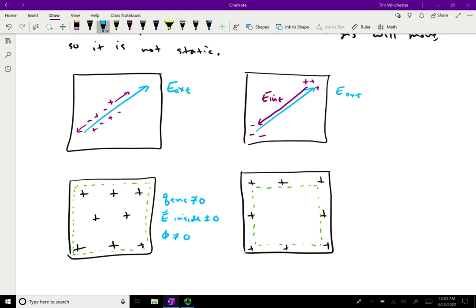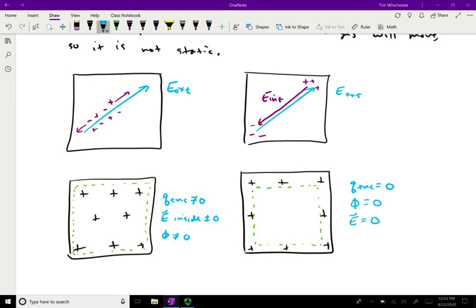Okay, what about in the other case? Well, here we have Q enclosed equals zero, because all of the charge has moved to the surface. So if I draw the Gaussian surface just inside that, then we have no charge enclosed. And if there's no charge enclosed, then the flux equals zero, and that also means that it's at least possible that the electric field equals zero.